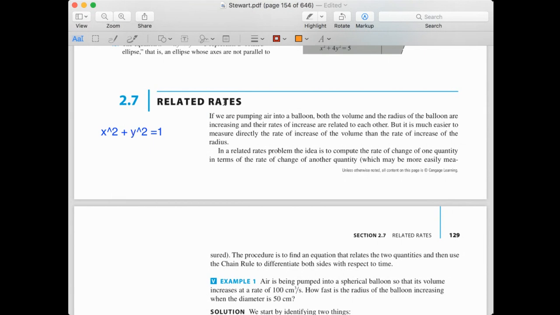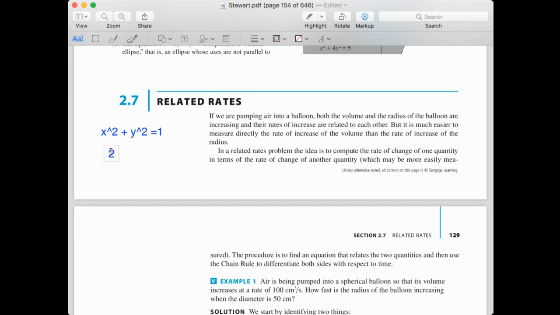Rates means rate of change. Related means those two variables are related in a certain way. In a circle, x and y are related in such a way: x squared plus y squared equals 1. So how are their rates of change related? Now we know how to take an implicit differentiation.